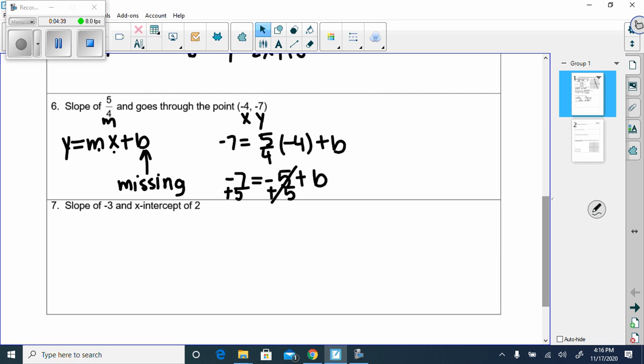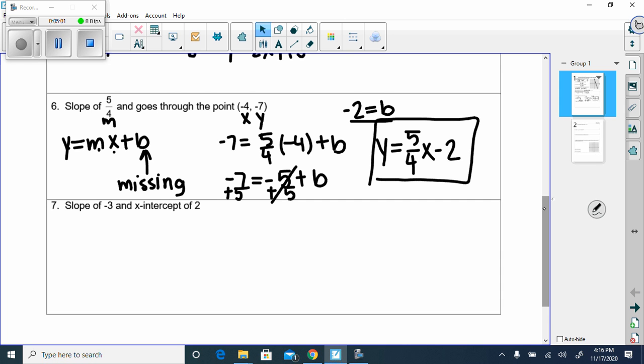Negative 7 plus 5 is negative 2. So I have that b equals negative 2. Now that I have b, I can write this in y equals mx plus b form. I would have y equals m is my slope, 5/4, x, and my b is negative 2.